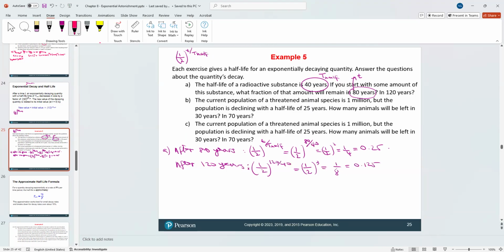But look, they said the current population of a threatened animal species is 1 million, but the population is declining with a half-life of 25 years. So how many animals will be left in 30 years?